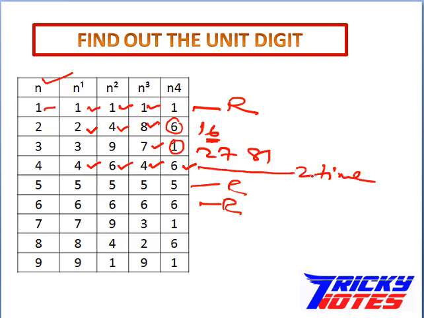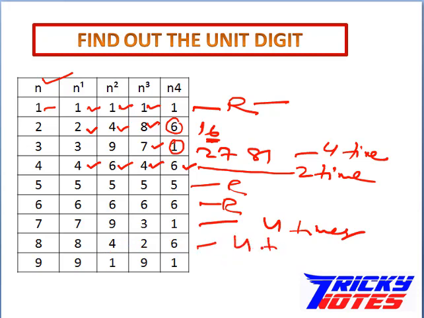This one repeats every time, like 6, 6, 6, 6, 5, 5, 5, 5. 7 repeats itself after 4 times, 8 repeats itself after 4 times, and 9 repeats itself after 2 times.